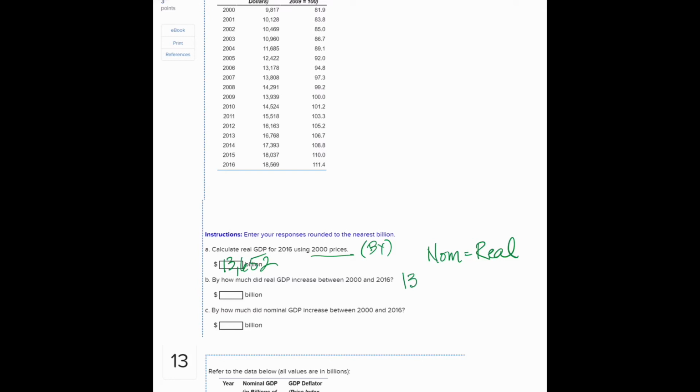So we're going to take the 13,652 we just calculated minus the 2000 value, 9,817, and the difference there is going to give us our increase. We calculated that in part A, and then this became our base year, and therefore nominal is equal to real in the base year. So just keep that in mind.